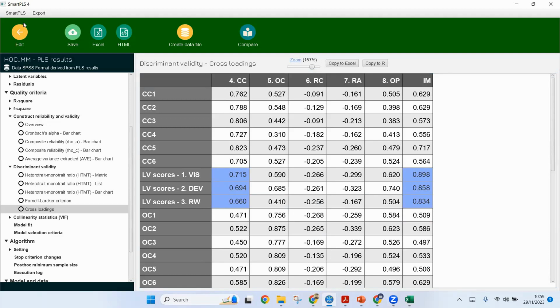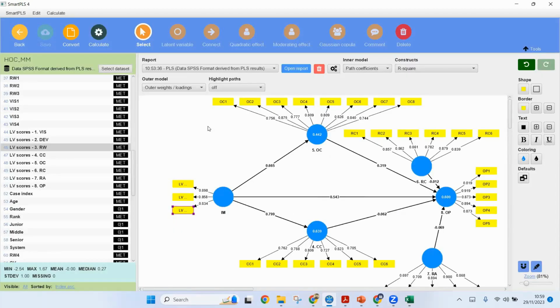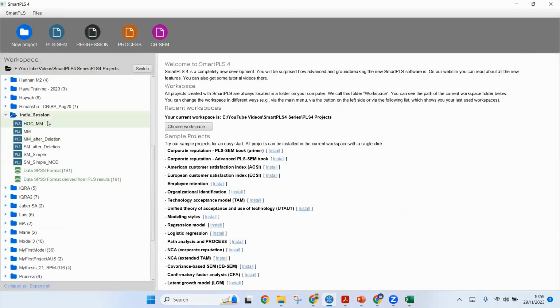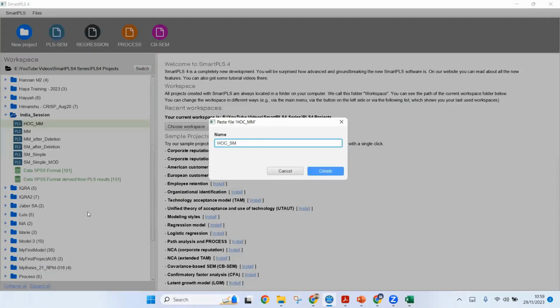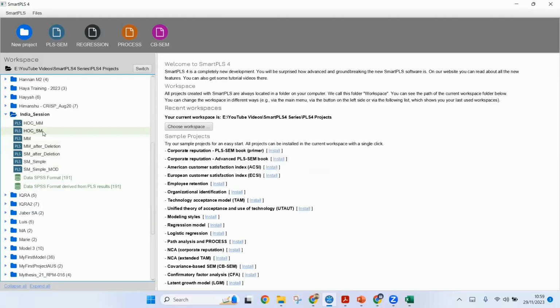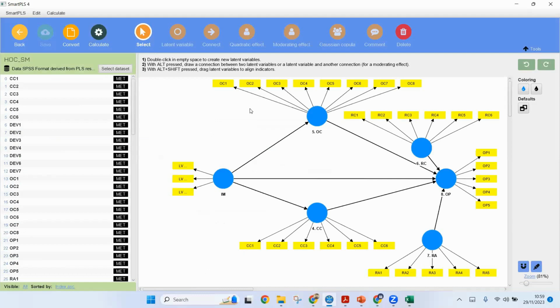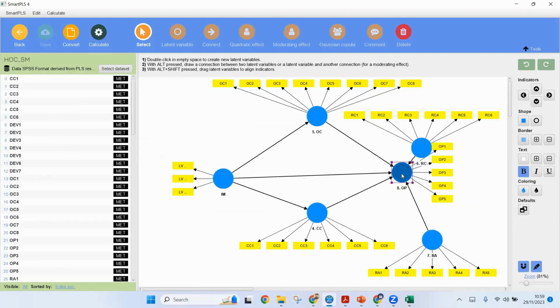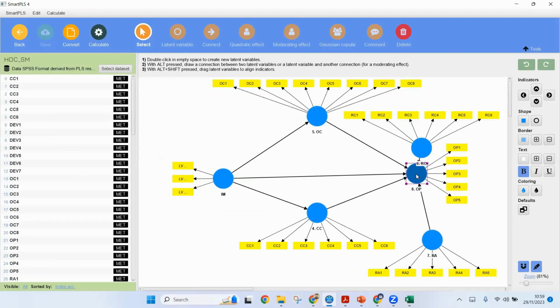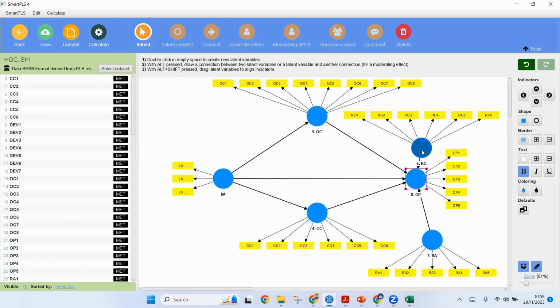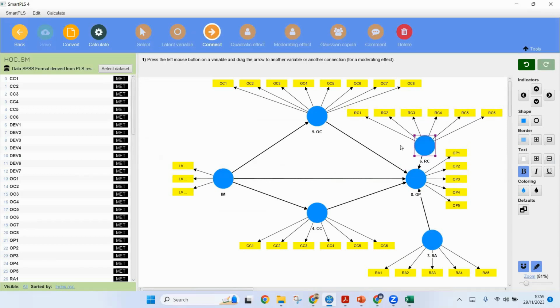Now I'm interested in the structural relationship, whereby I actually test my model. Now, again, what I would recommend always, as always, is that right click, duplicate, and call it HOC-SM, higher order construct, structural model. Open it. Now, in order to test the hypothesis, first, again, this will go here, and this will go here.